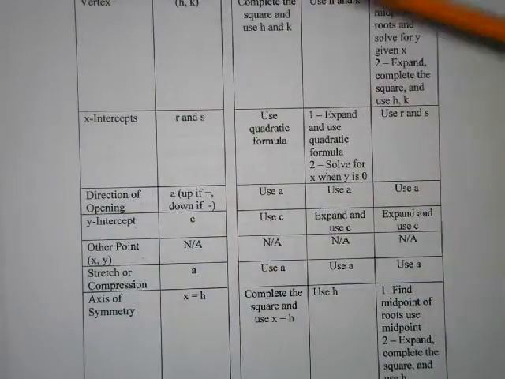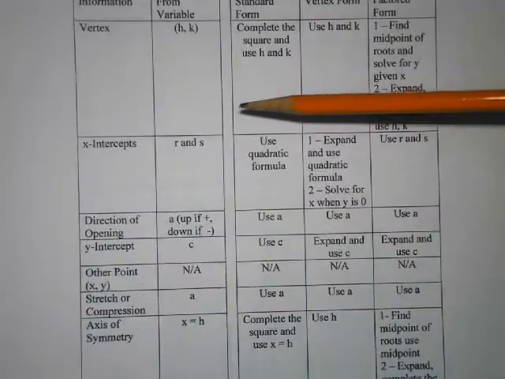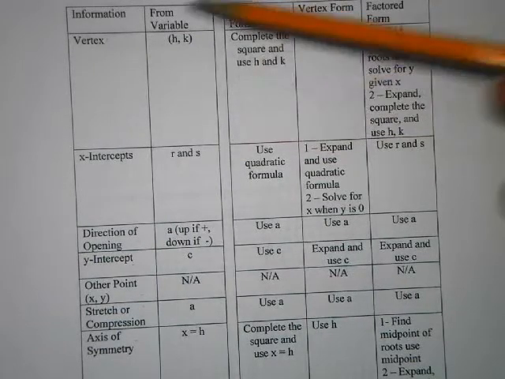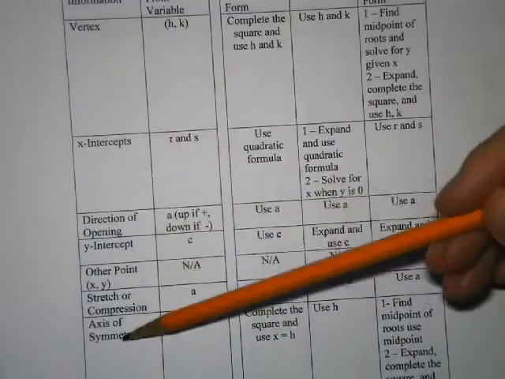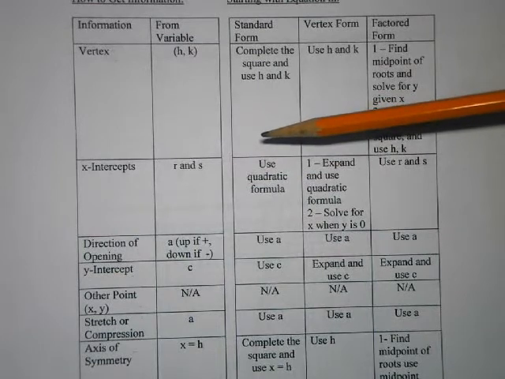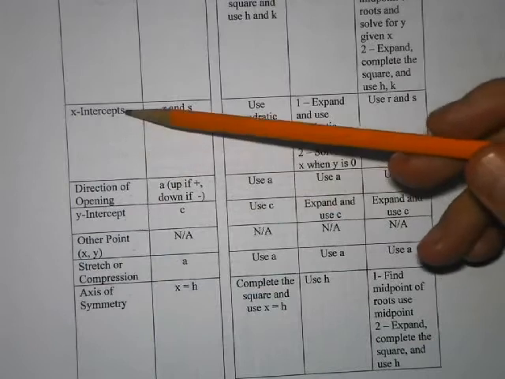So after this lesson, and after you've practiced a bit, I should be able to give you any quadratic equation in any of those three forms, and you should be able to find all of these things. The only thing that might not exist is the x-intercepts.